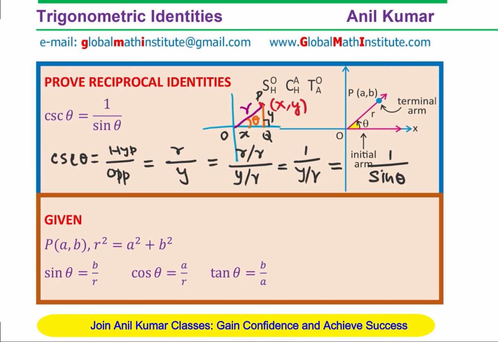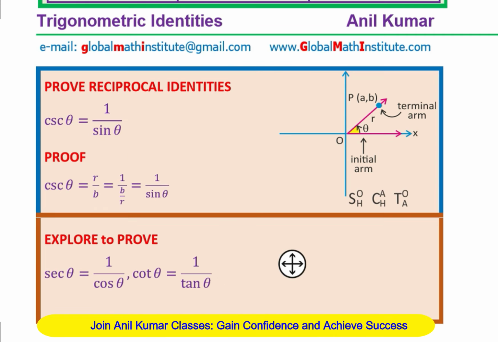Do you see that? We began with the left hand side and showed the right hand side is 1 over sin theta. You could also begin from here, since you know what sin theta is, and prove the left hand side. So either way, you can work while proving the identity. I hope you are getting this concept of starting with the left hand side and getting to the right, or starting with the right hand side and getting to the left.